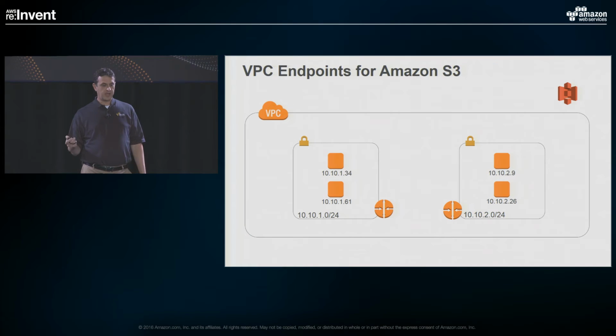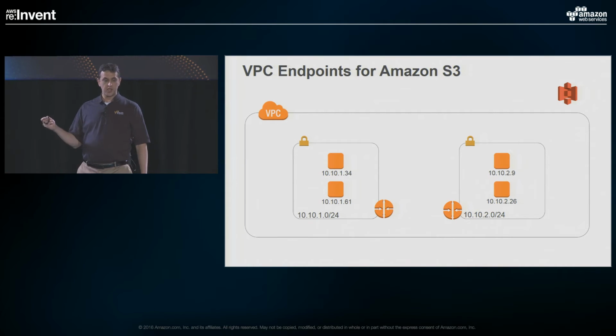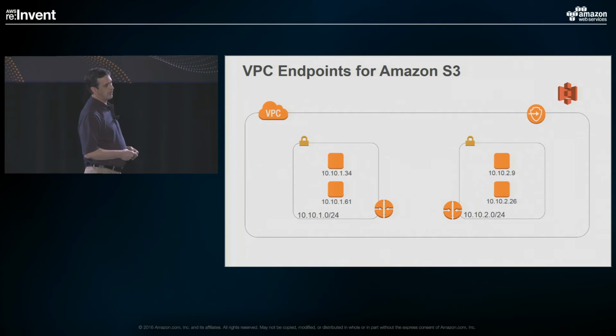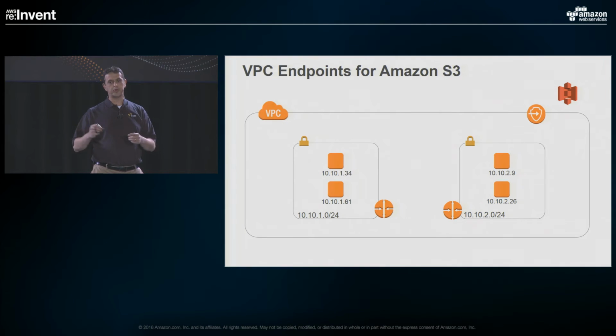Now, VPC endpoints for S3 give you the ability to reach your S3 buckets and objects through the endpoint itself without having to assign a public IP address or an IGW in your VPC.